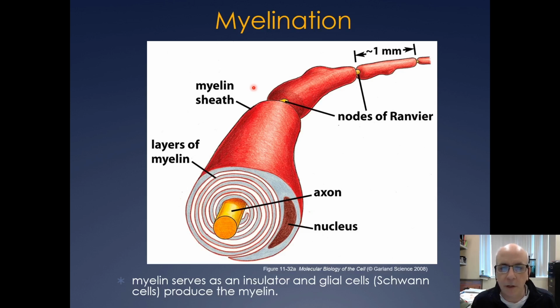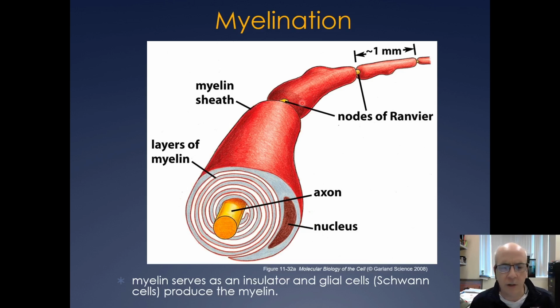Now, these aren't located all over the place on an axon because axons actually have insulation called myelination, and the myelin sheaths that are here are made by glial cells to protect the axon. You can think of them almost as electrical insulation.